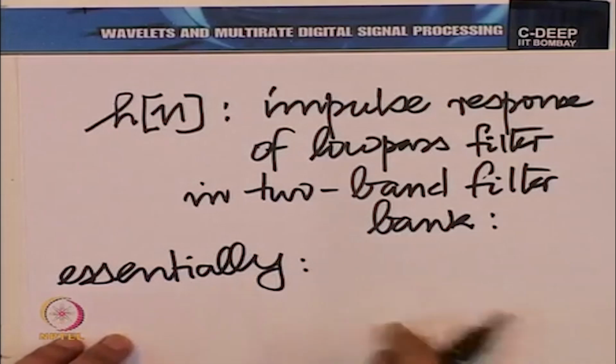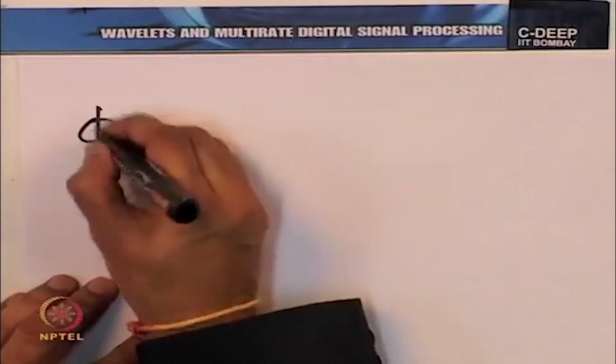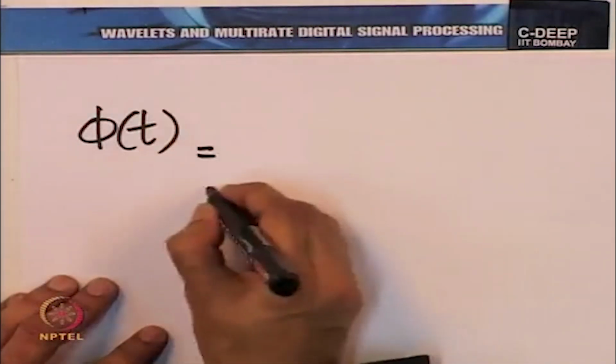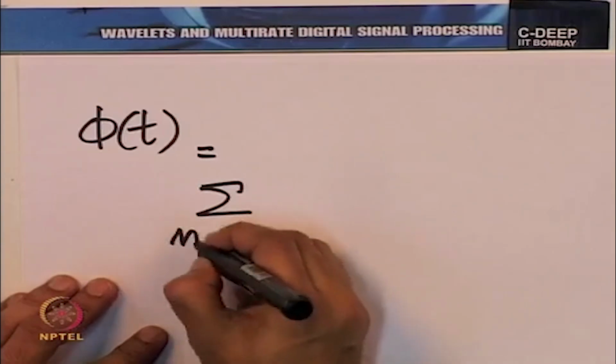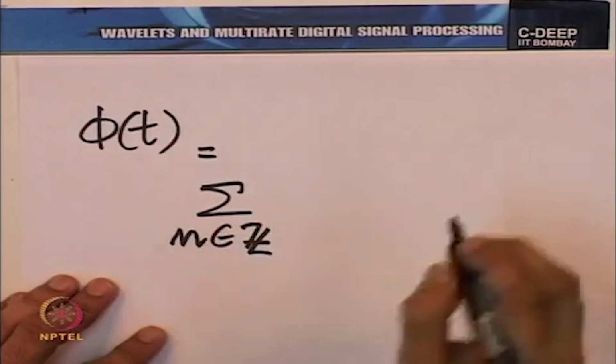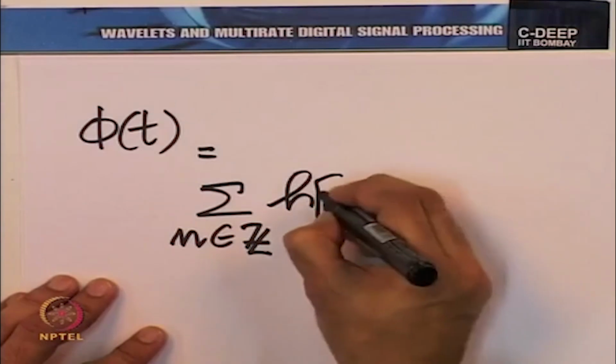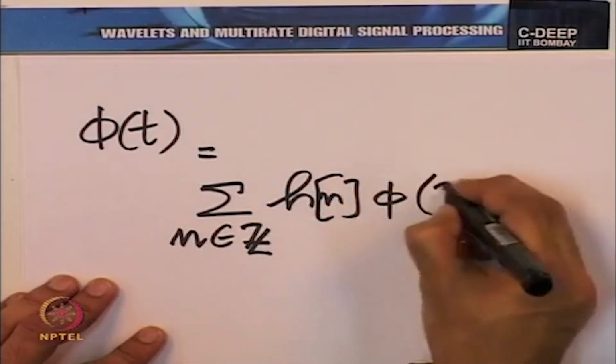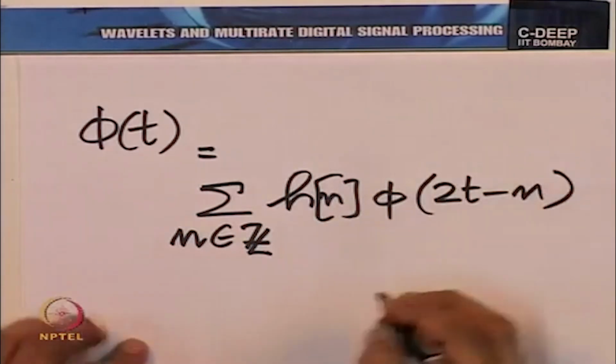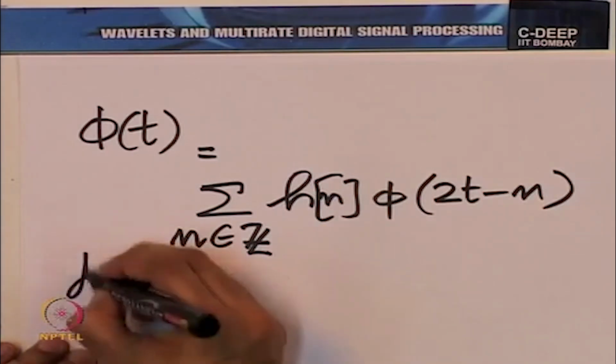So, we will continue the dilation equation. Phi of t is summation on n over the set of integers h n phi 2 t minus n. This is the essential dilation equation for phi.